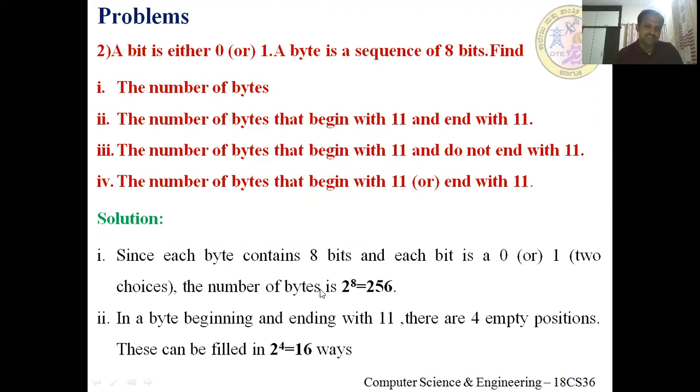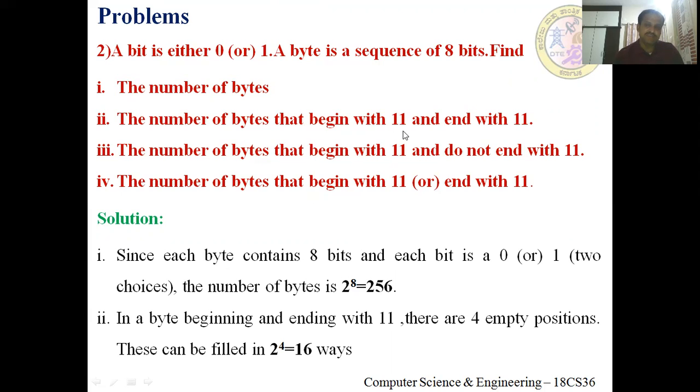In all 8 locations, I can place 0 or 1, so 2 into 2 into 2, repeated 8 times. That's why the number of bytes is 2 to the power of 8, which is 256.